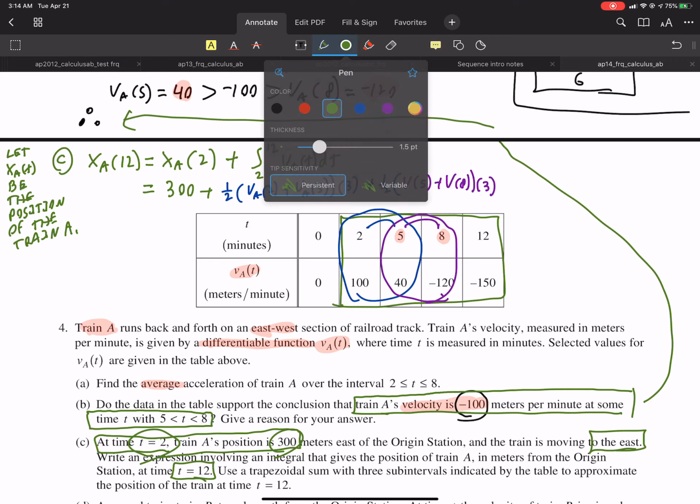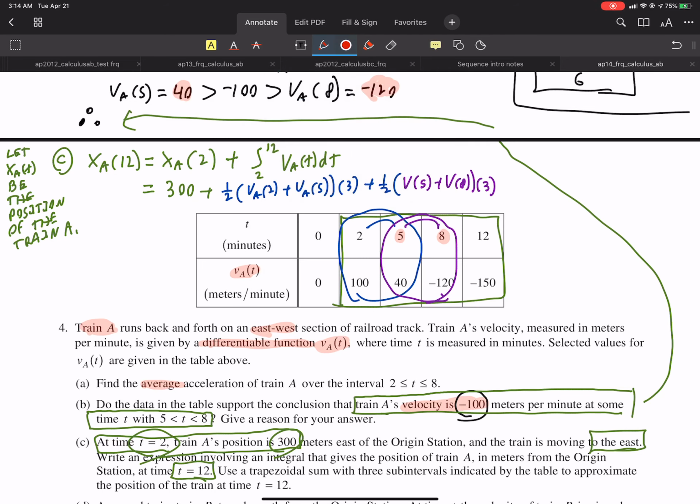No, I have green used. Red. No, I'm going to use yellow. So we're going to do the last pair. It's going to be 1/2 the sum of the bases, so it's going to be the velocity of train A at 8 plus the velocity of train A at 12, and the width from 8 to 12 is 4.